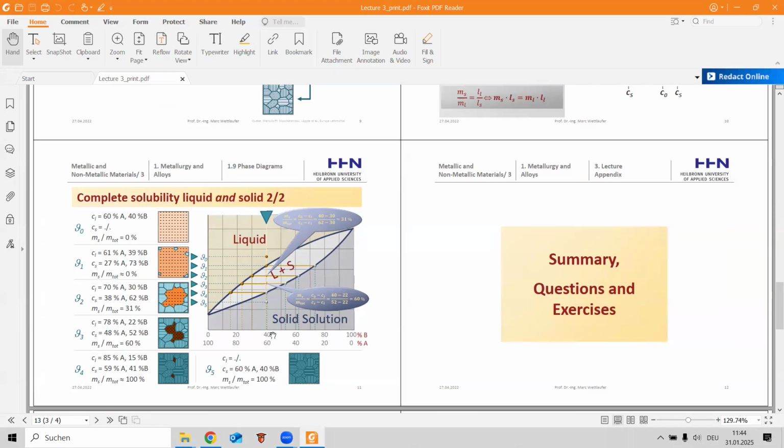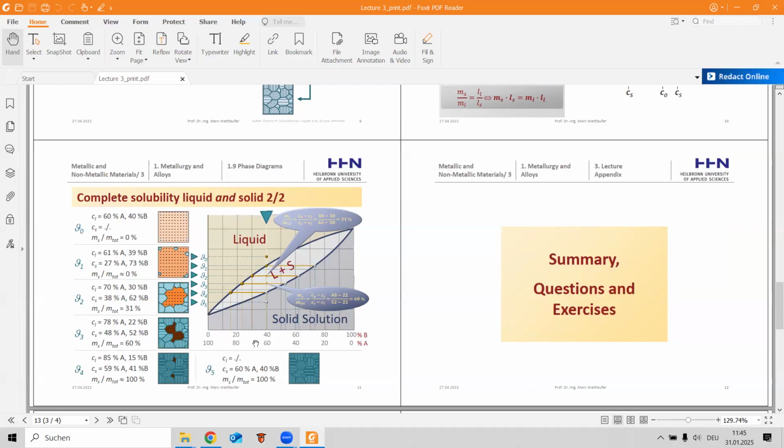So in this case, component B is 40%, minus concentration of liquid, 30% here.